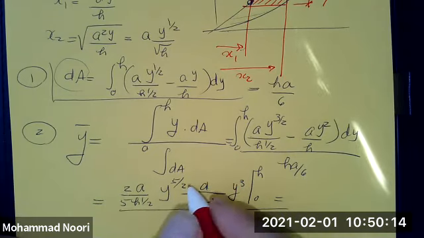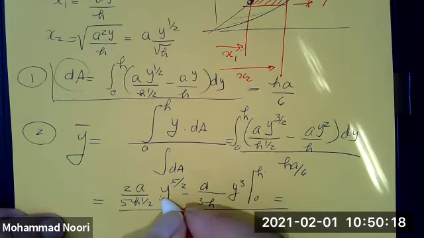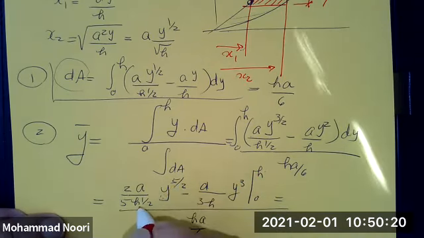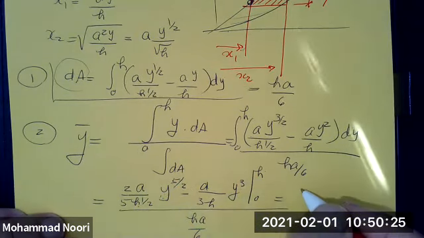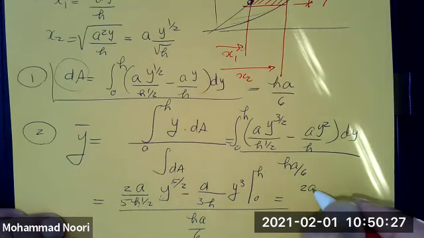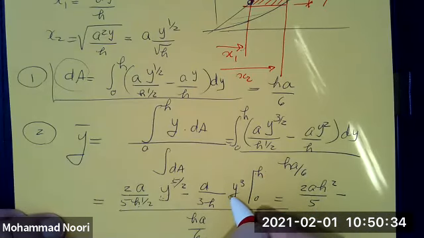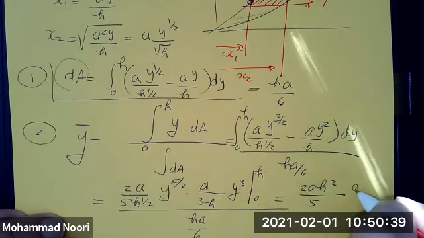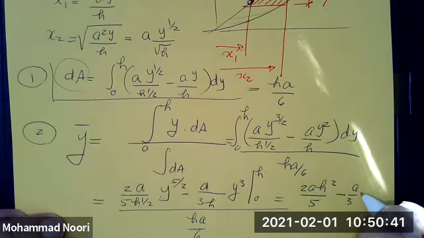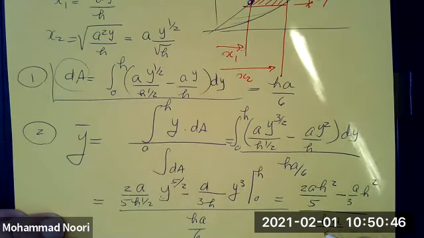Substituting for y equals h, h to the 5/2 minus 1/2 gives h squared, so the first term is 2 a h squared over 5. For the second term, substituting, it would be a h cubed over 3h, that is a h squared over 3, divided by h a over 6.